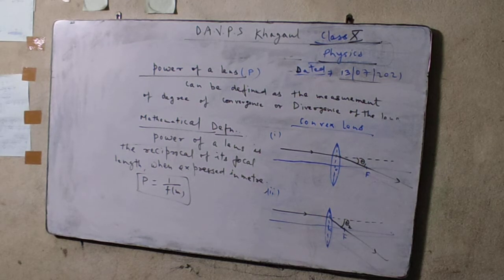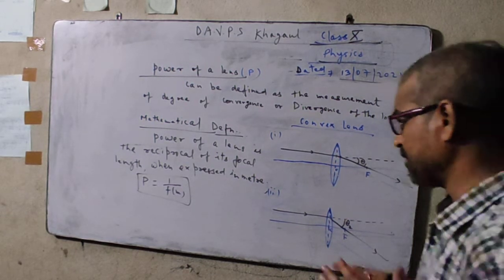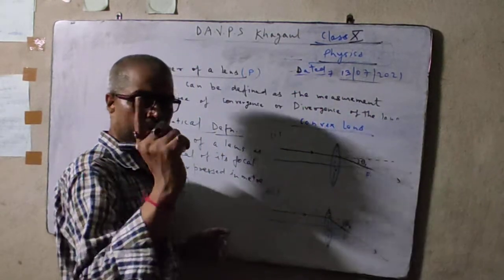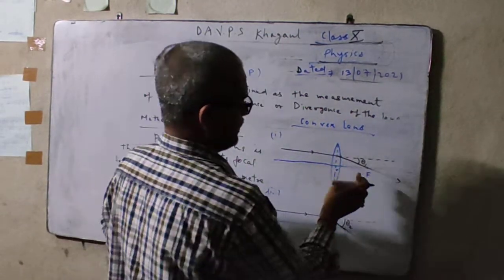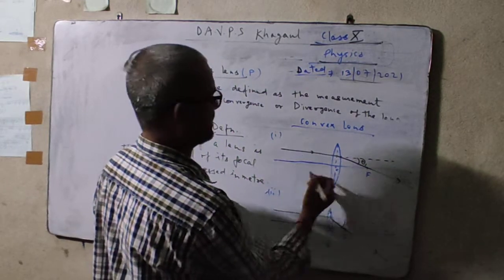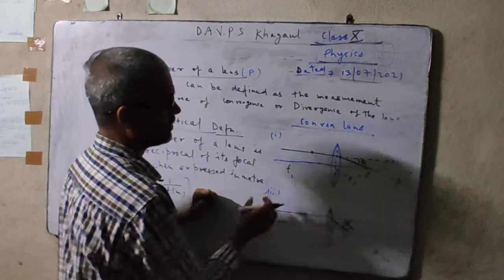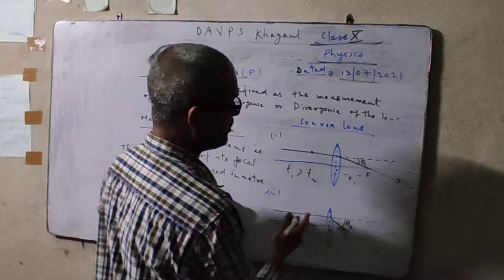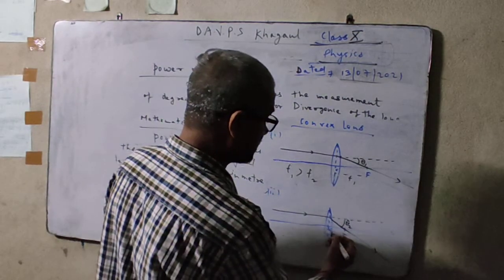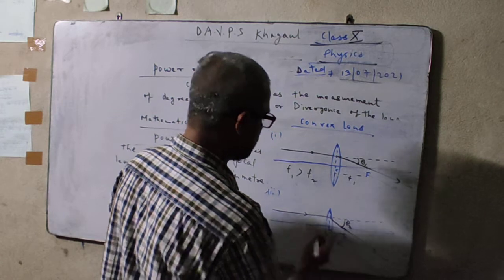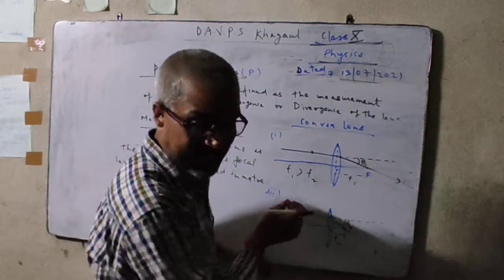In the second case, through a much higher angle, the light rays have been deviated, converged. Why is this difference there? That could be explained on the basis of focal length and power of lens. The focal length of the first convex lens is greater in comparison to the focal length of the second convex lens, which is less. So f1 is greater than f2.